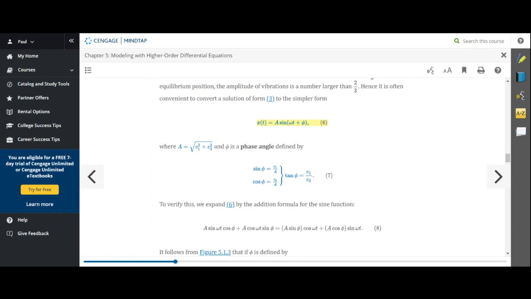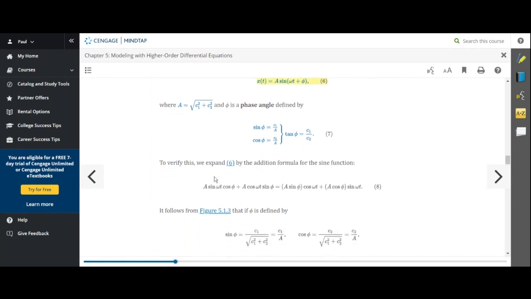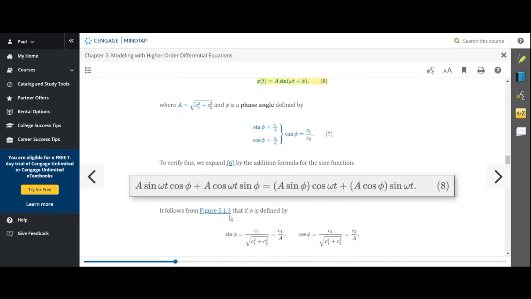So if we have the sine of omega t plus phi in equation 6 here, using the addition formula for the sine of the sum of two angles, that can be expressed as what you see in equation 8. What they do is they factor out A times the sine of phi and A times the cosine of phi in the terms.